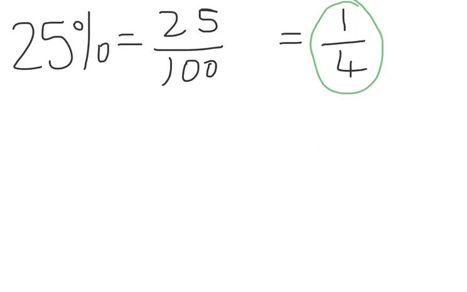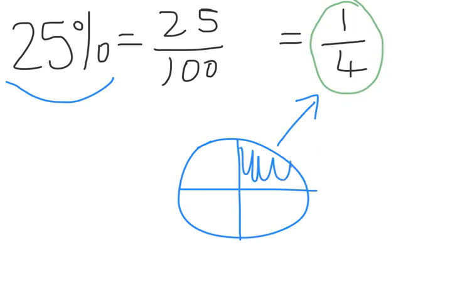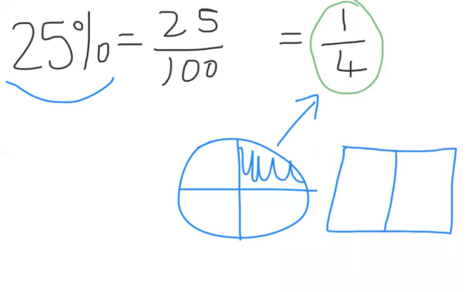So I'm just trying to show you how something like 25% is actually a circle that is divided by 4. And this tells us that's 1 over 4. It can also be a square that is divided by 4. We have 1, 2, 3, 4 parts, and one of the parts is a quarter.